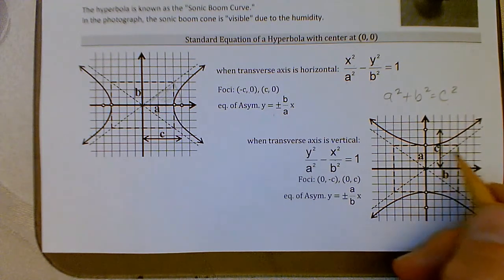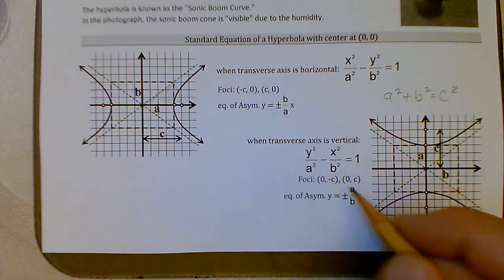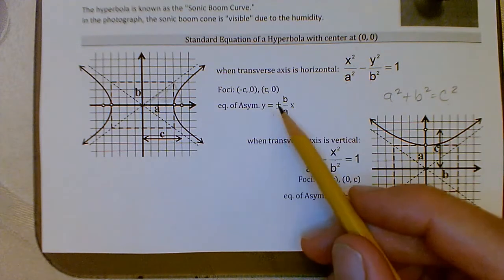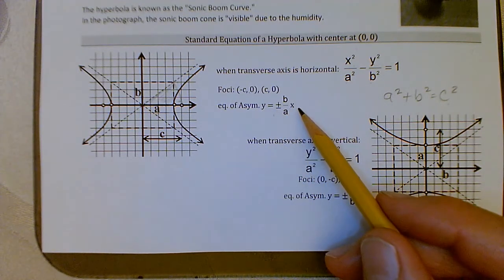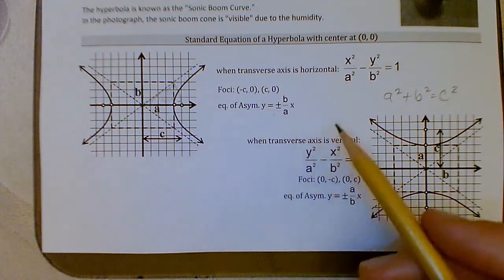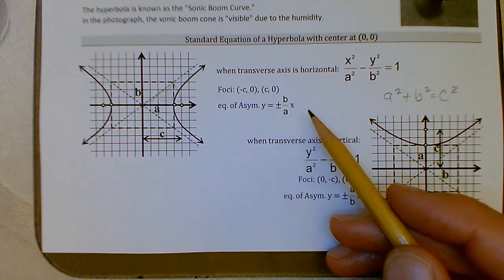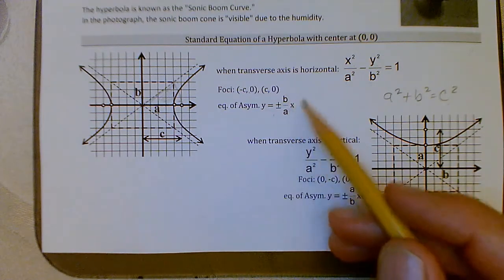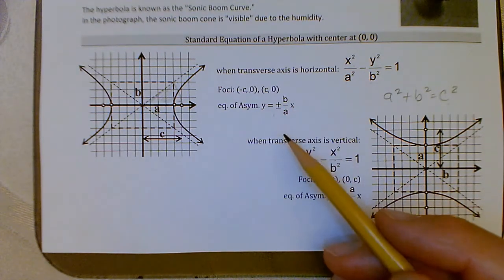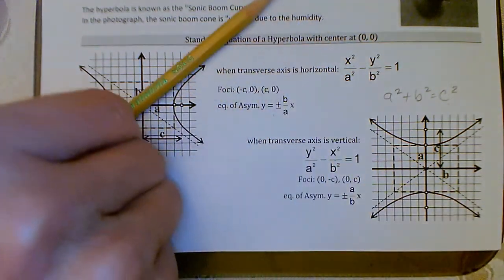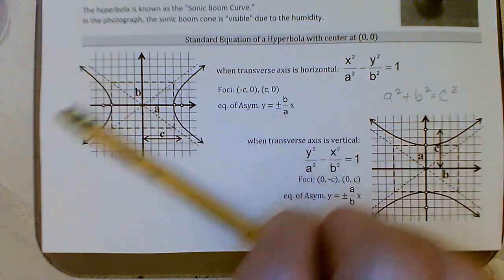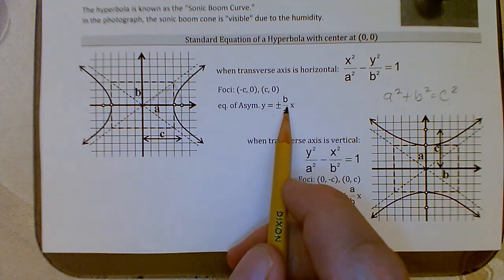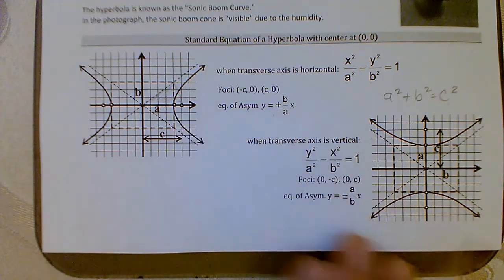It's going to be A over B. So it just depends on how the orientation is. Here the equations are pretty simple because the y-intercept is 0. You should be able to write the equation of the line, but we're going to often think about, well, what's the slope? And of course, it's a positive, but also a negative slope as well because there are two asymptotes, so it's plus or minus.